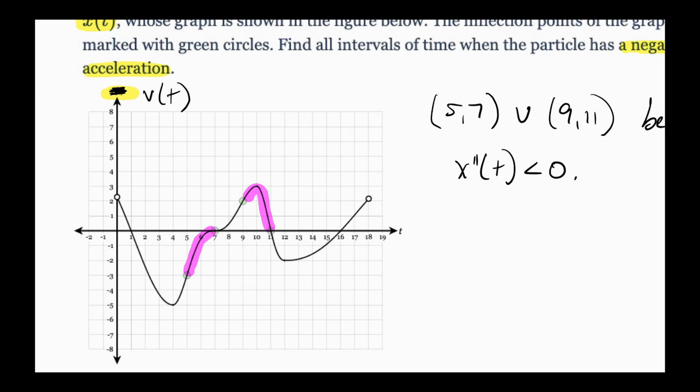Would my answer be the same? Give you some time to process that. Talk about it with the person closest to you. Would the answers be the same if that graph was a velocity graph instead?